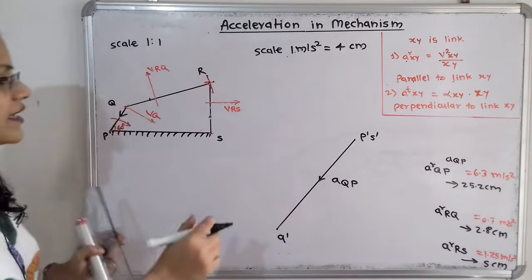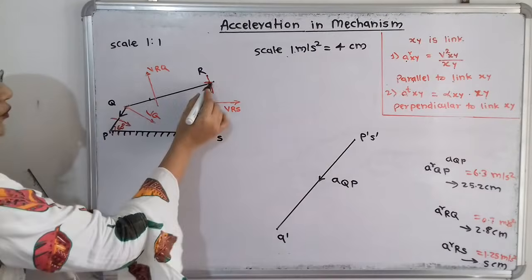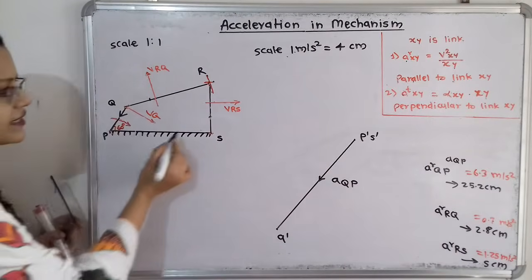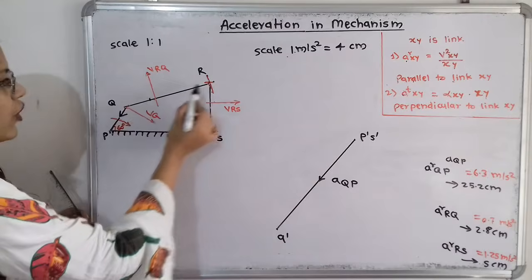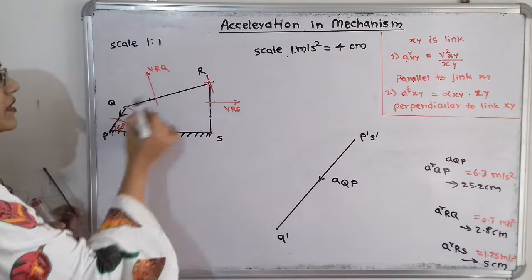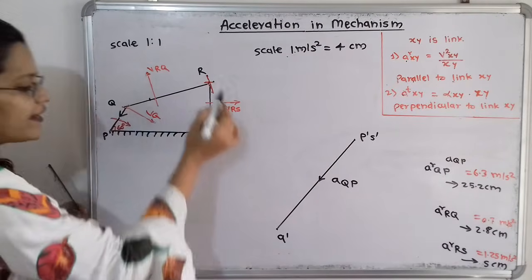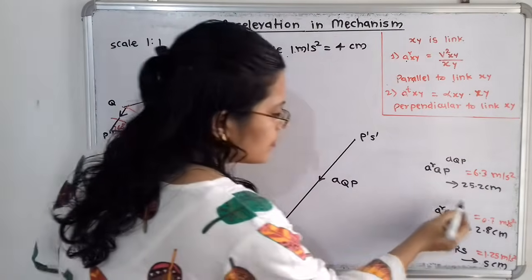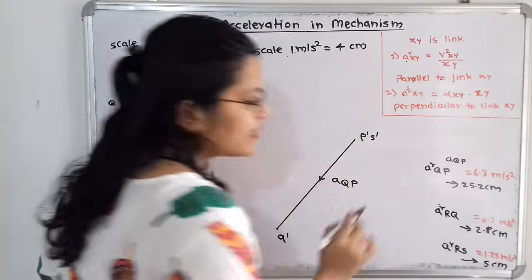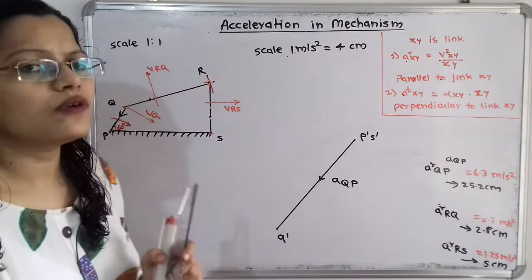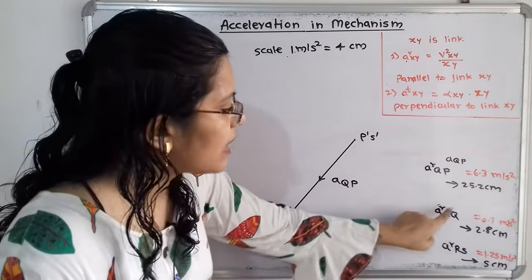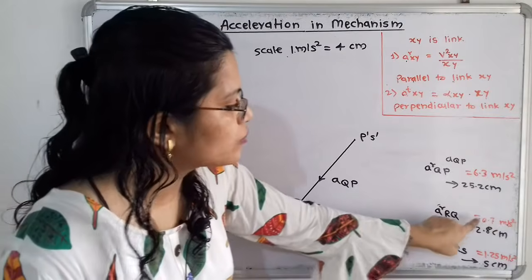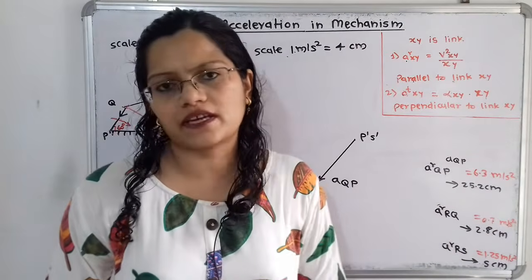Now we will move to the next link, RQ. The initial point is here; if we observe the point between Q and R, here is the point Q dash. Now we have to measure the dimension for this radial component, a^r_RQ, which is 0.7 meter per second square.